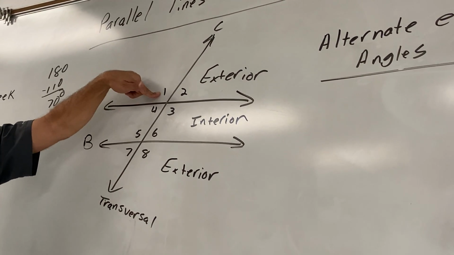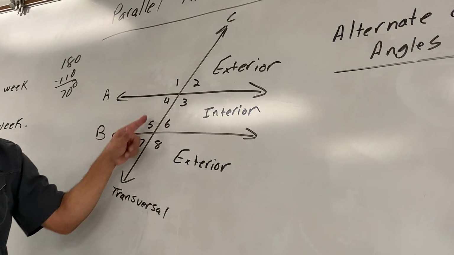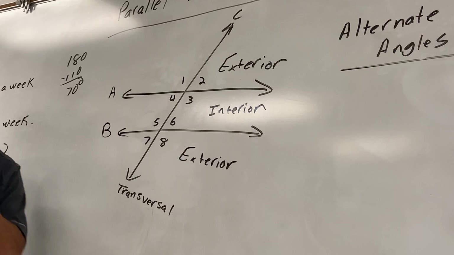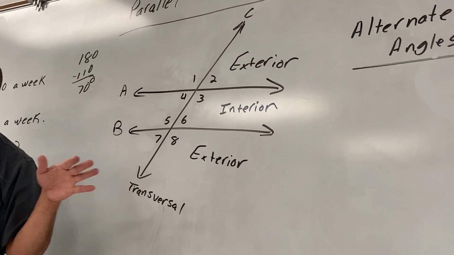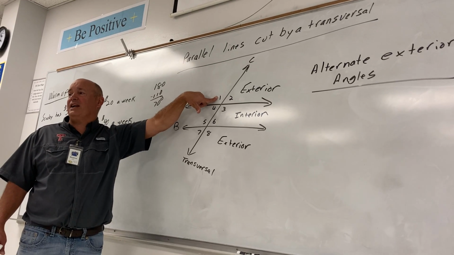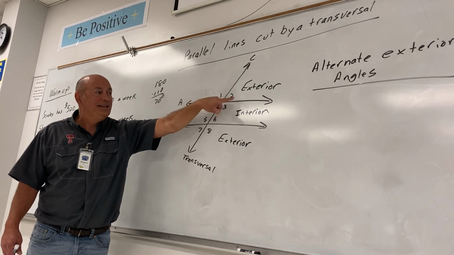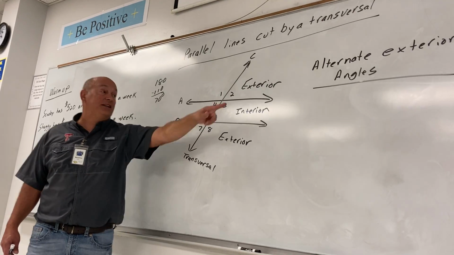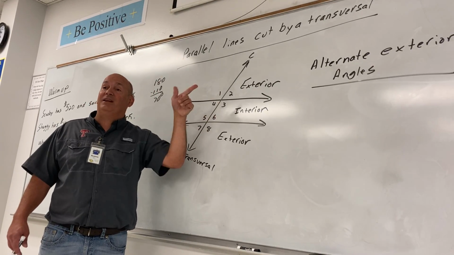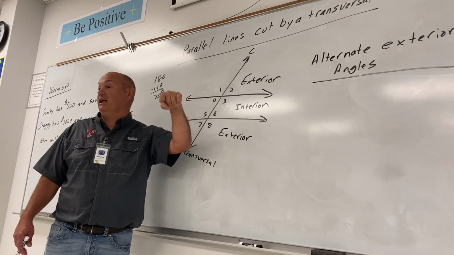60? You got 1, 2, 3, 4, 5, 6, 7, or 8 to choose from. We haven't got to angle 60 yet. That's coming in a long time. Okay. The alternate exterior of angle 1. Take a guess. 2? Now that's not a bad guess. It is on the exterior, but it needs to be on the alternate side.